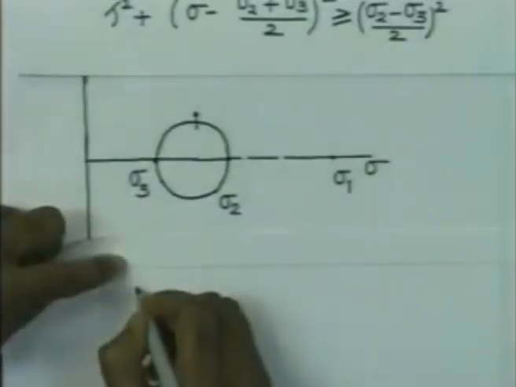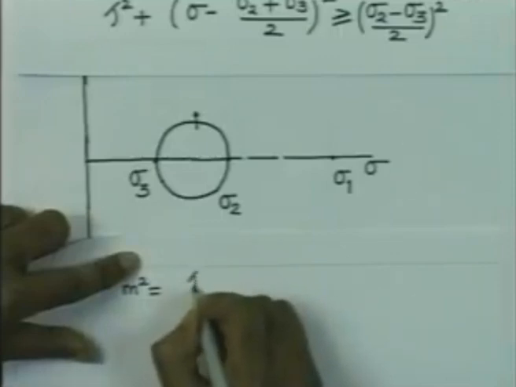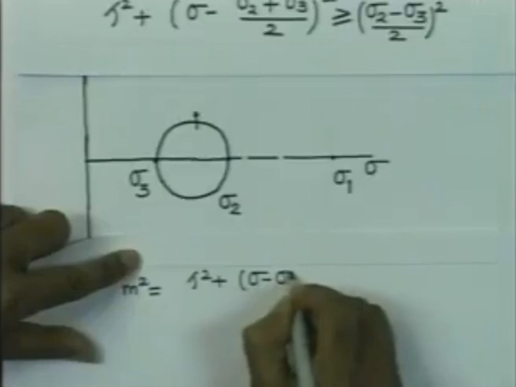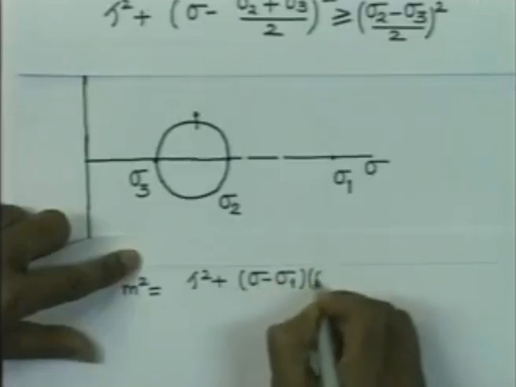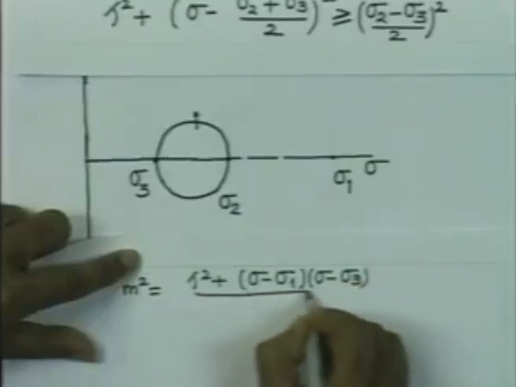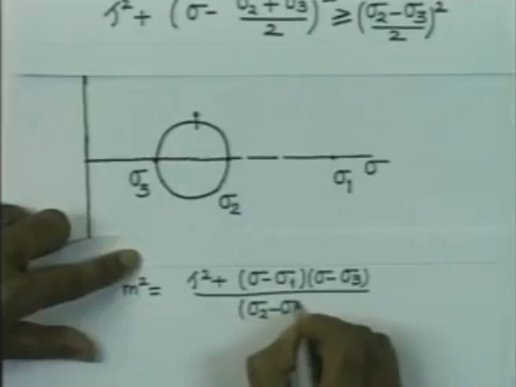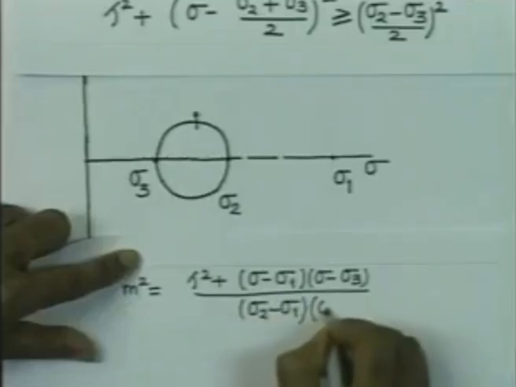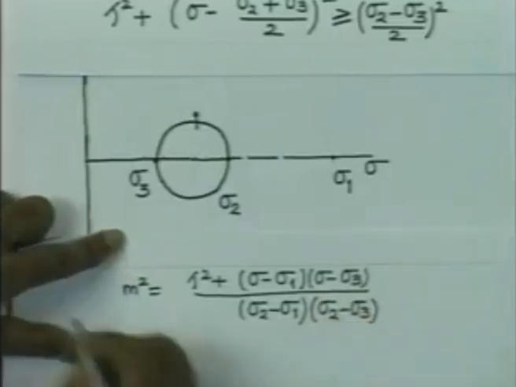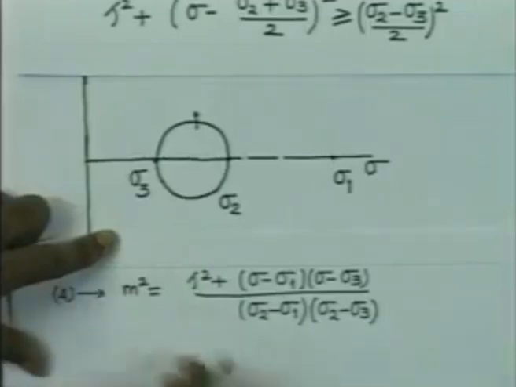We have m square given by tau square plus (sigma minus sigma 1)(sigma minus sigma 3) divided by (sigma 2 minus sigma 1)(sigma 2 minus sigma 3). This is what we got as relation 4.